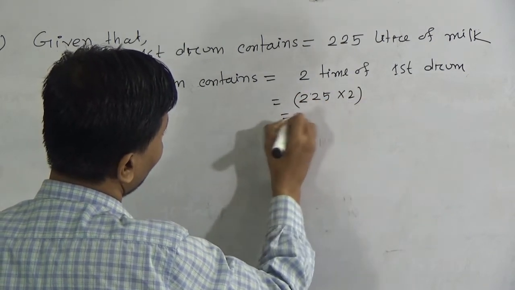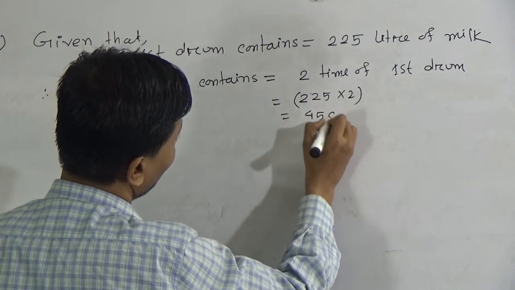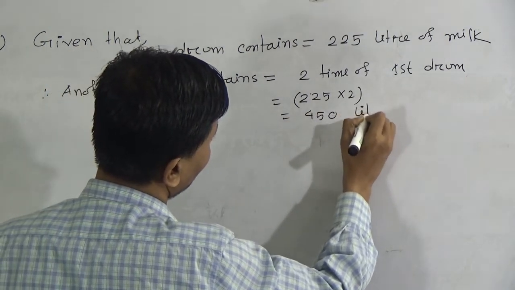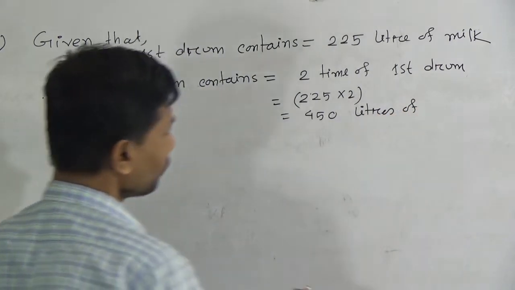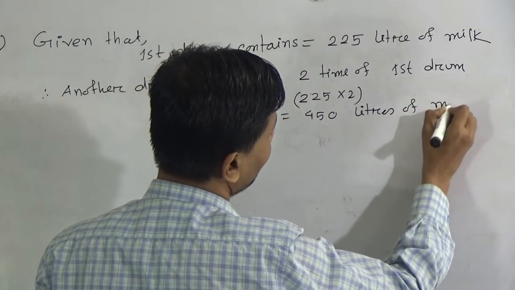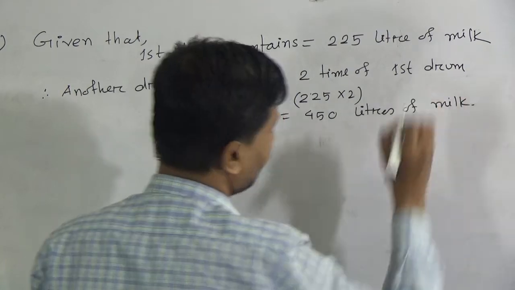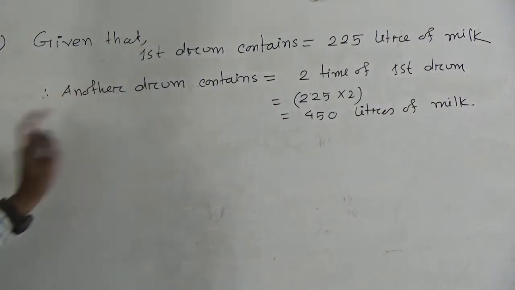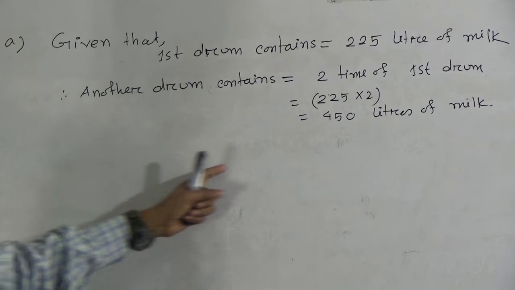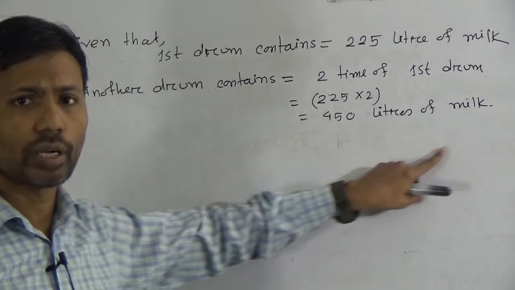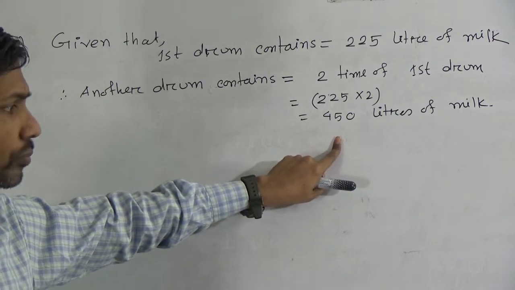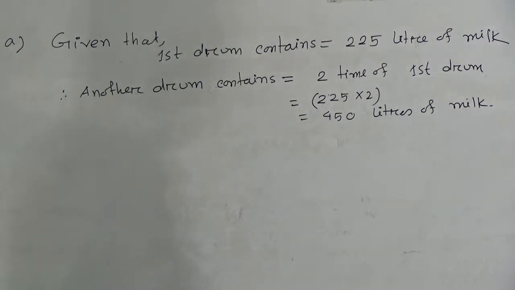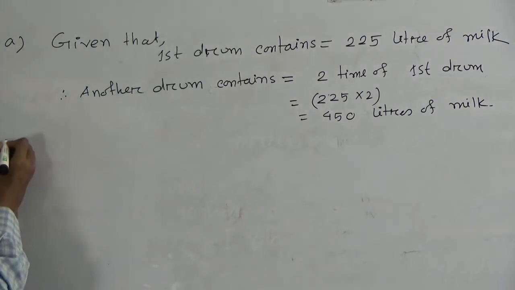This is equal to what? 450 liters of milk. That means another drum or the third drum contains 450 liters of milk, and this is the solution of question number A. Now I will solve B number question.